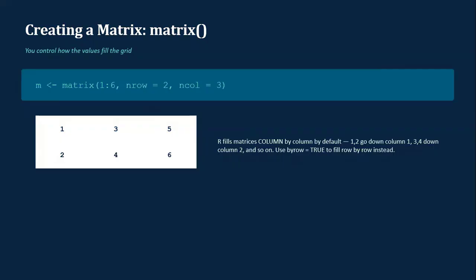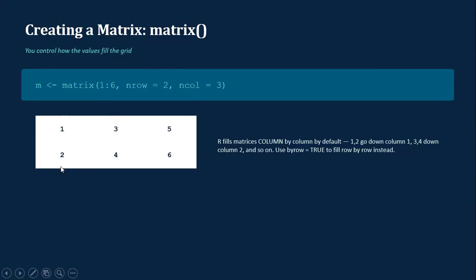Let's build a matrix. M, arrow, matrix, C brackets, 1 colon 6, comma, nrow equal to 2, comma, ncol equal to 3. Run. Creates a 2 row and 3 column grid filled with the numbers 1 through 6.